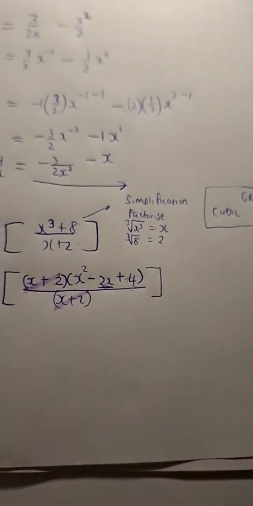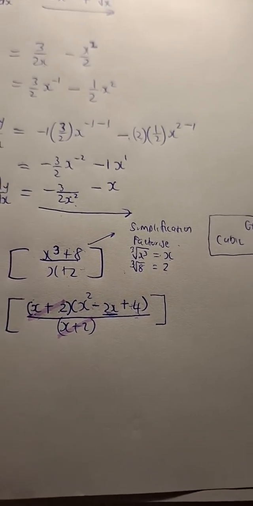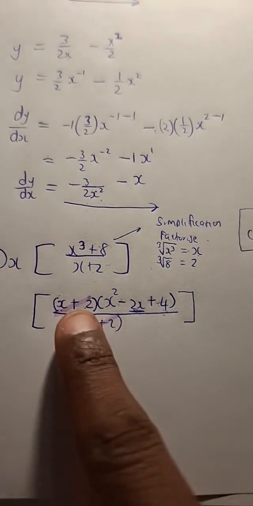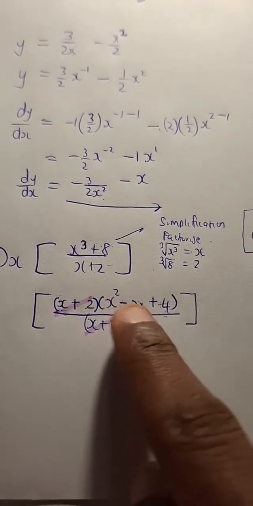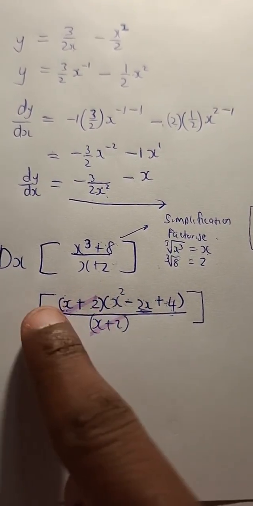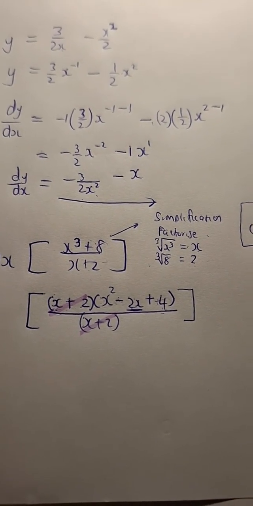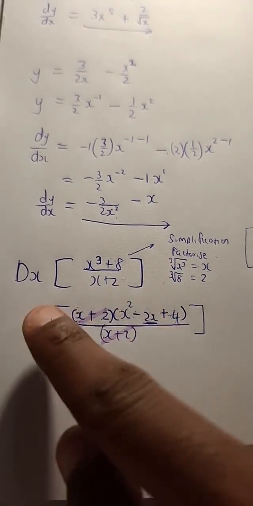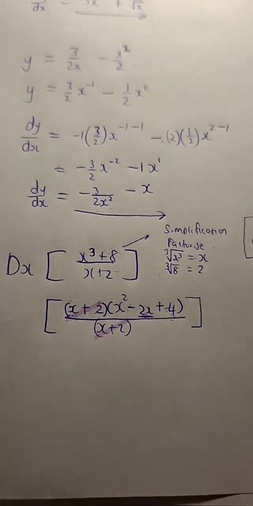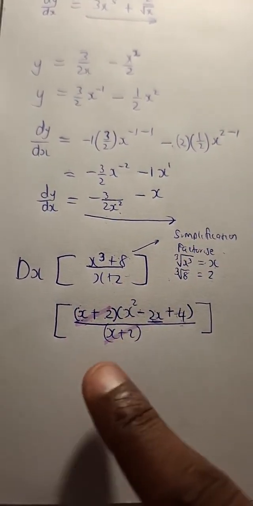X plus 2 and x plus 2 can now cancel out. Why? Because the relationship of x plus 2 and this bracket is one of multiplication divided by x plus 2. So cancellation can happen because it's not across an addition or a subtraction sign. There's one term in the numerator and one term in the denominator, so cancellation can happen freely.